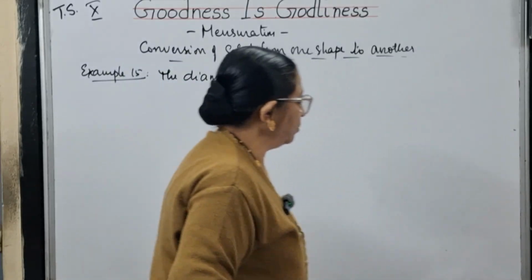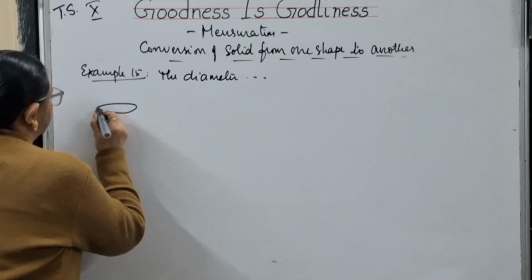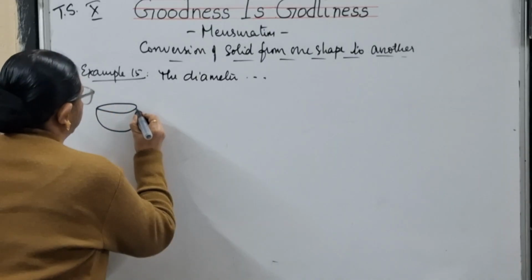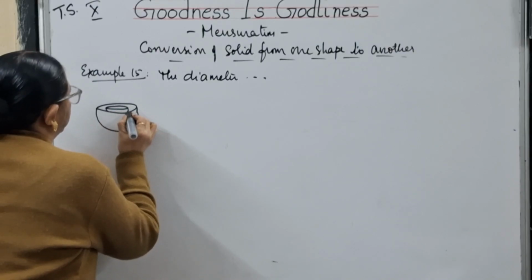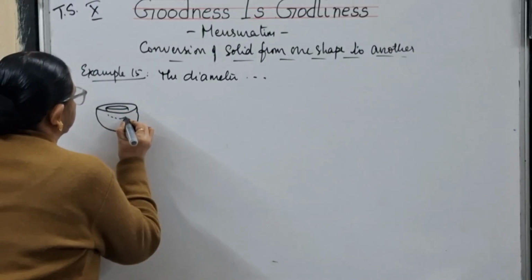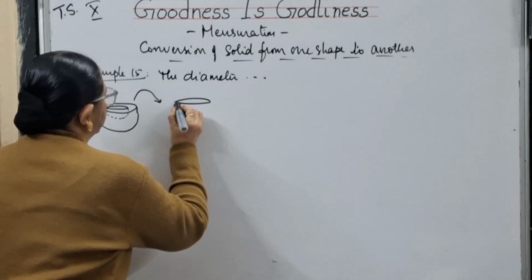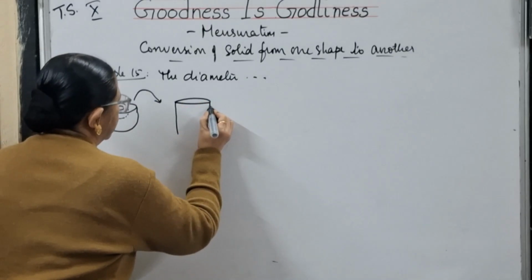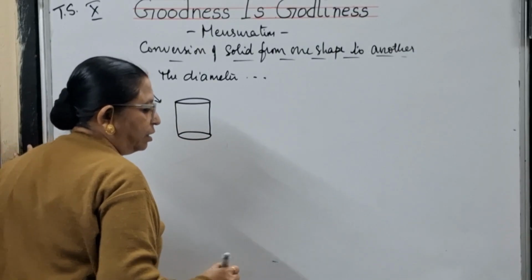That means what did they do? There is a hemispherical bowl. Hollow means it will be somewhat like this. A hollow hemispherical bowl is converted into a cylinder. And what did they say?